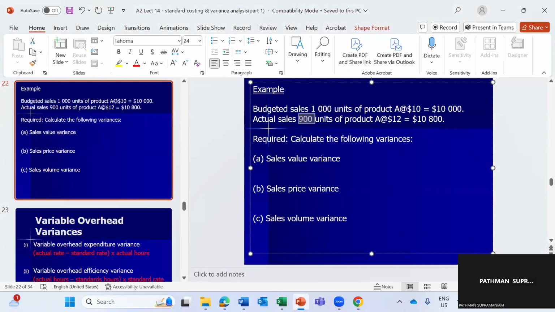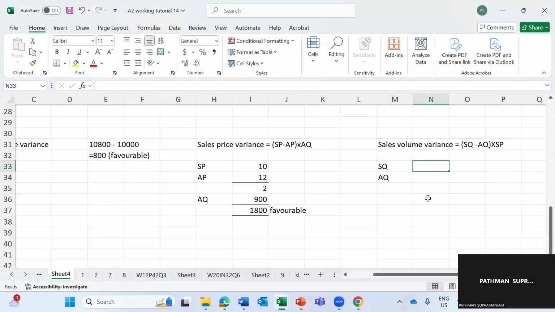Actual quantity is 900. So the difference is 100.